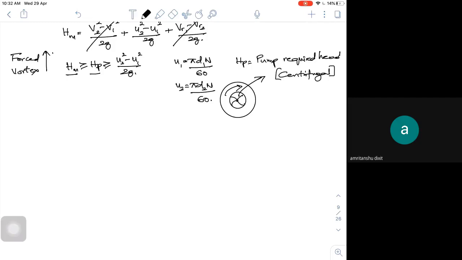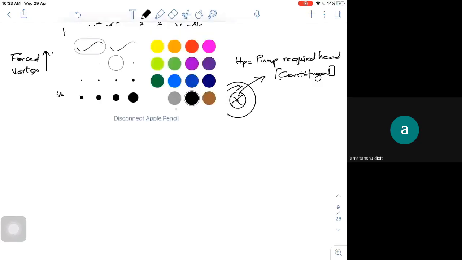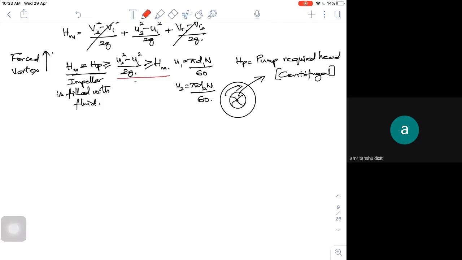If it is equal, what will happen? The impeller is simply filled with fluid. That's it. The moment this increases, the fluid will come out.